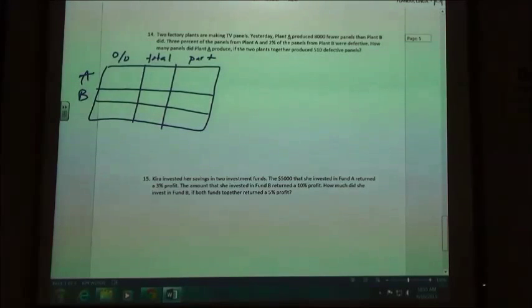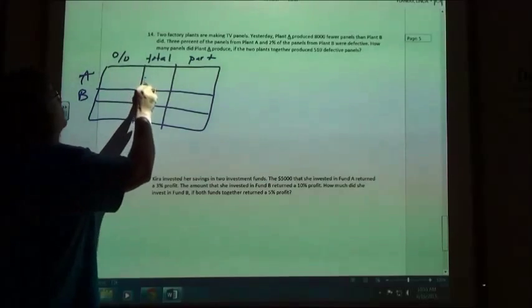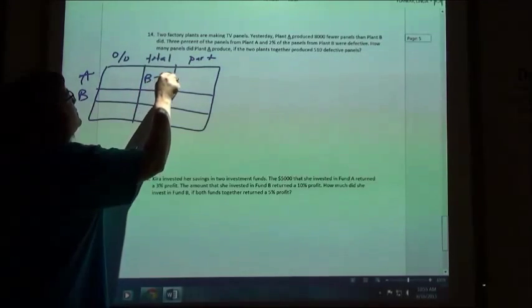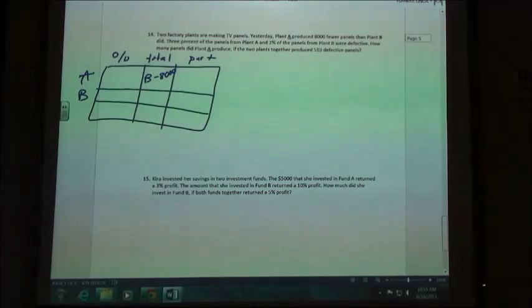If it tells me A produces 8,000 fewer than B did, A would be B minus 8,000, and B is just going to be B, right? Doesn't tell us how many B had.